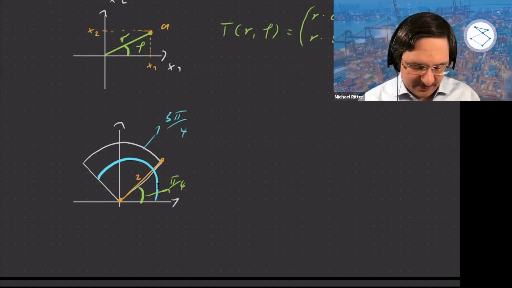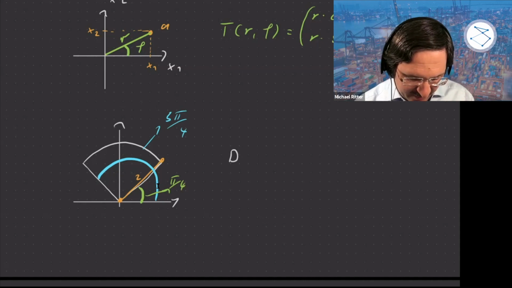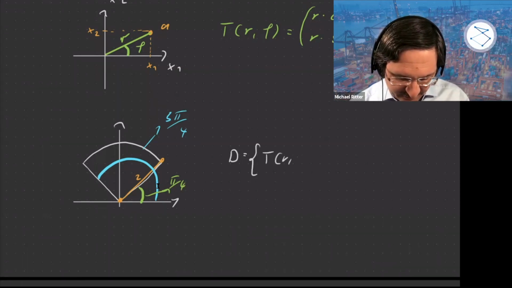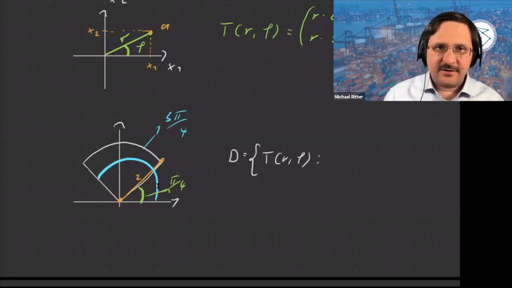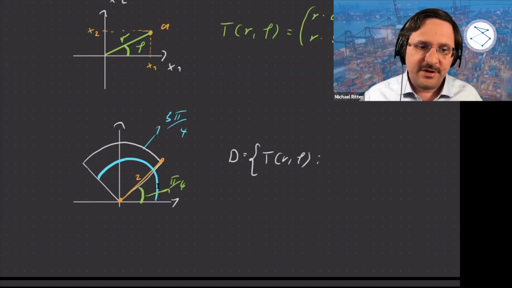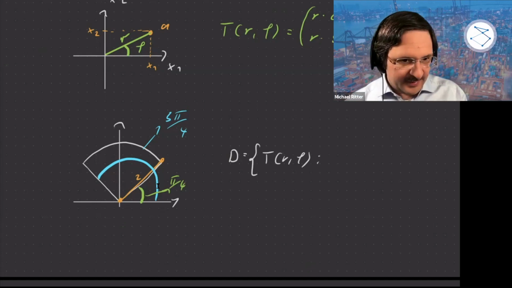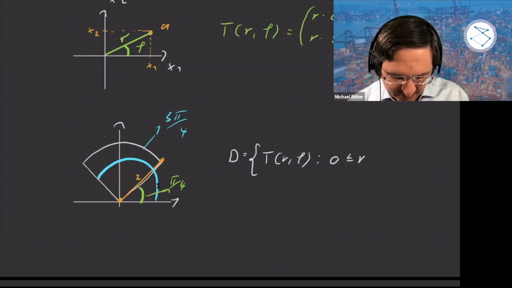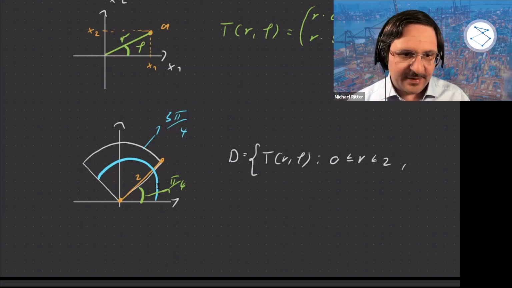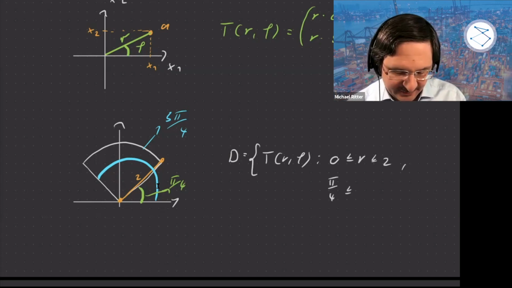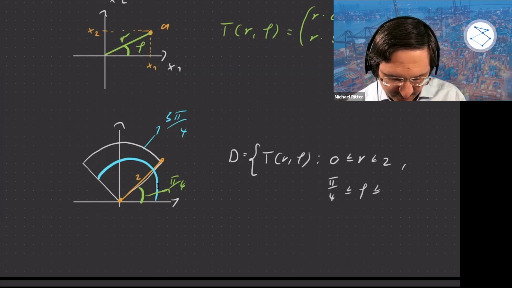So we can describe this set D right away. D is the set of all x1, x2, all Cartesian coordinates obtained as a transformation from the following polar coordinates: T of r and phi, where we said the radius is going to be between 0 and 2, and the angle is going to be between pi over 4 and 3 pi over 4.